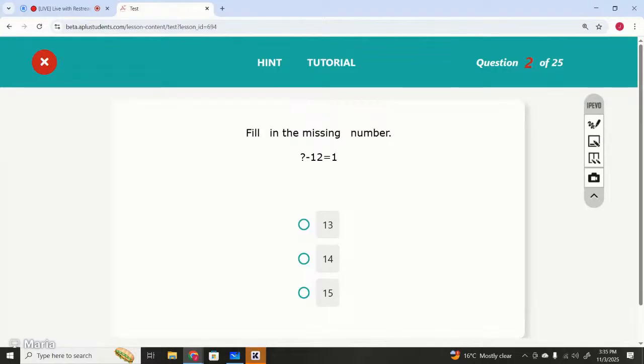Fill in the missing number. So what number minus 12 equals 1? That is 13 take away 12 is 1.